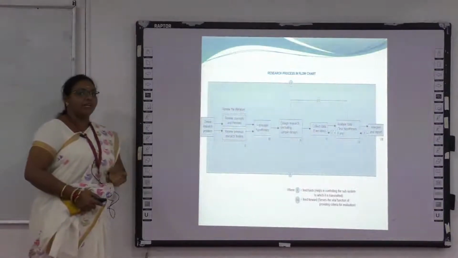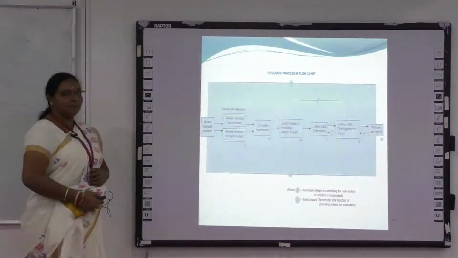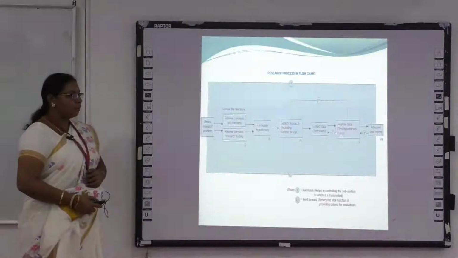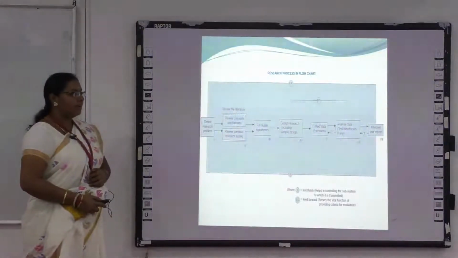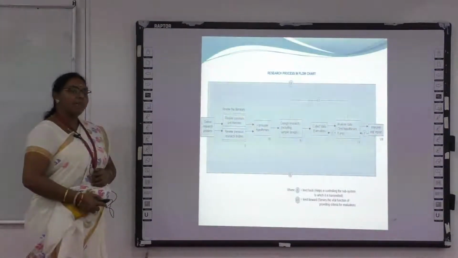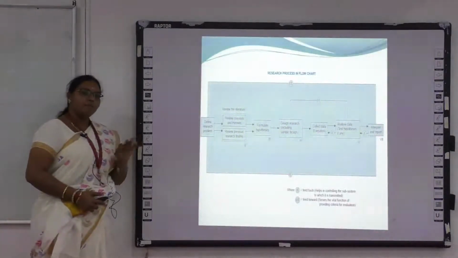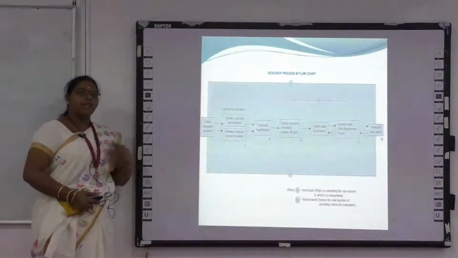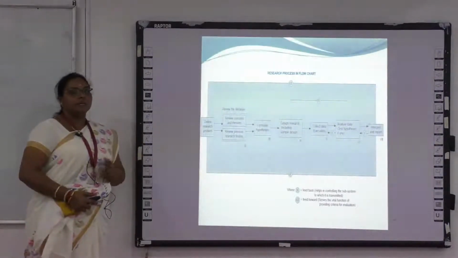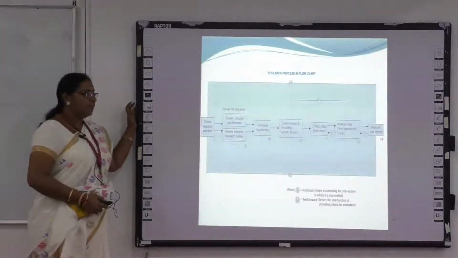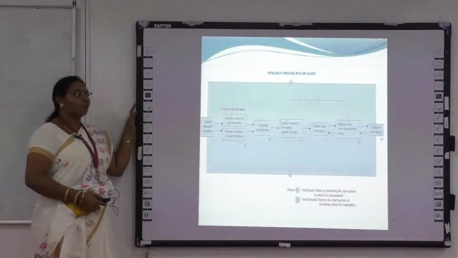It should be a rework. Again, you need to start from defining the problem. But if you have any error in the analysis part, it can go back to your research design where some modification can be done, and you can submit your report within time. Otherwise, it should be a complete rework, which is called a type 2 error.